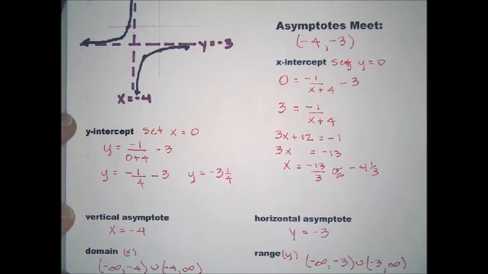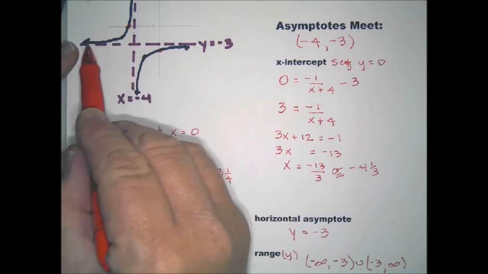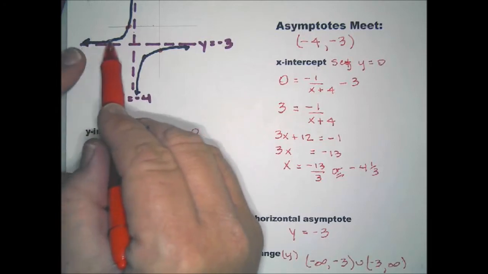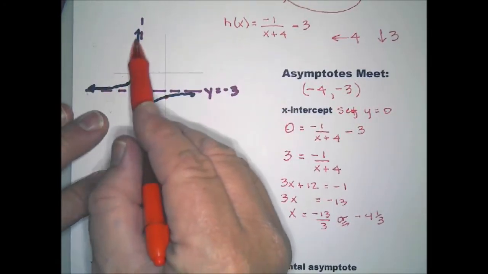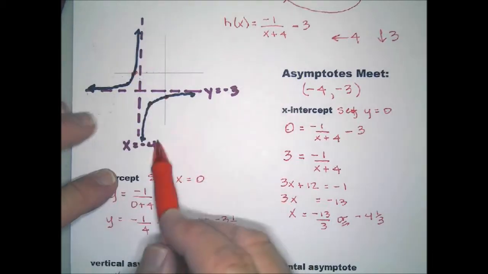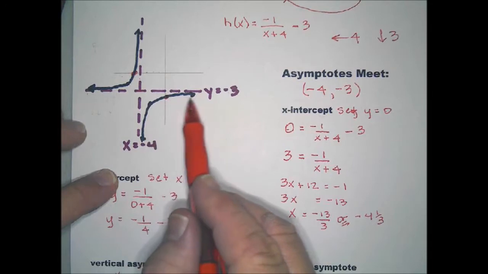Now, increasing. Where does this graph increase? Well, this is a forever increasing graph. If you look at this part right here, it's starting here, and it's going up, up, up, and then it jumps down here, and then it goes up, up, up again.